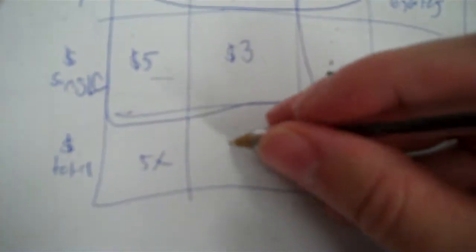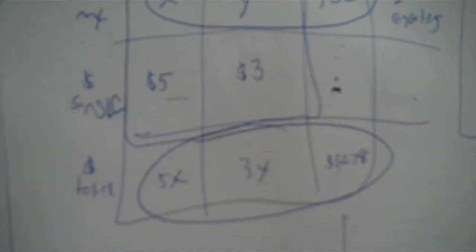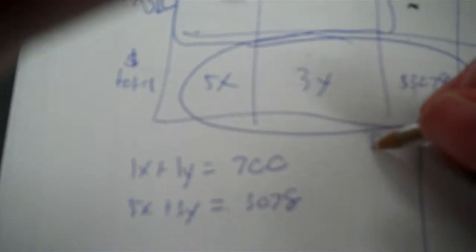Now I take X times 5, that's 5X. Y times 3 is 3Y. Okay, it's systems time. We got x plus y equals 700. And then we have 5x plus 3y equals 3078. Okay, I'm going to use the elimination method.